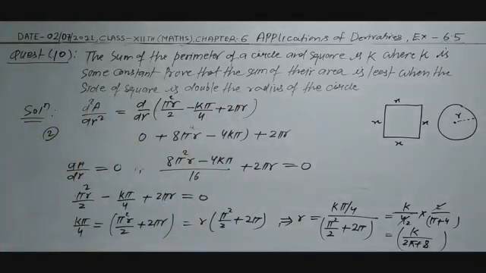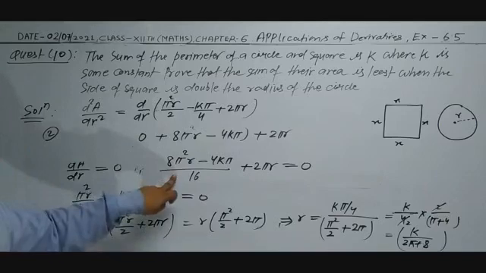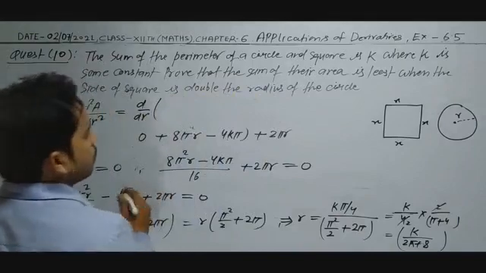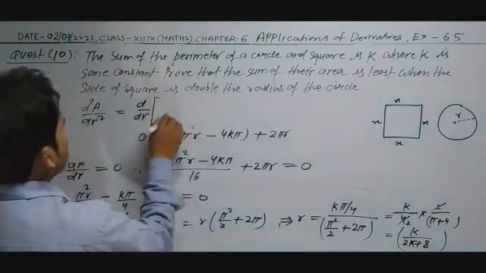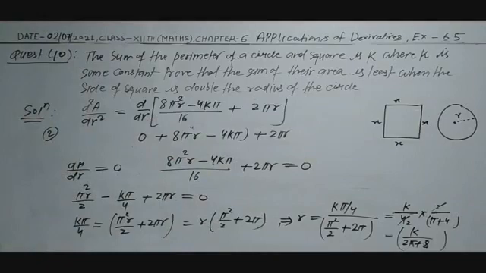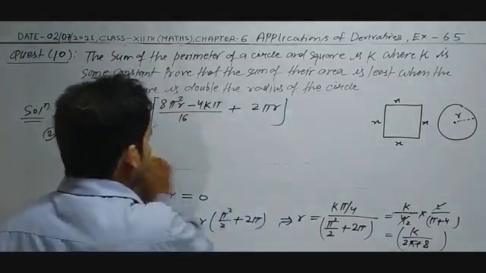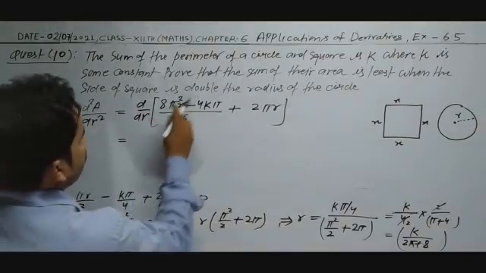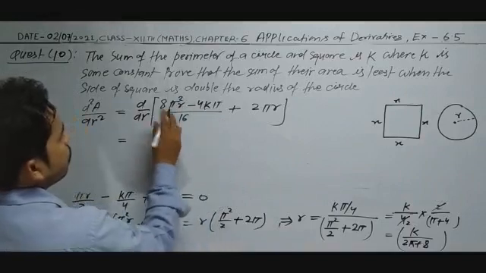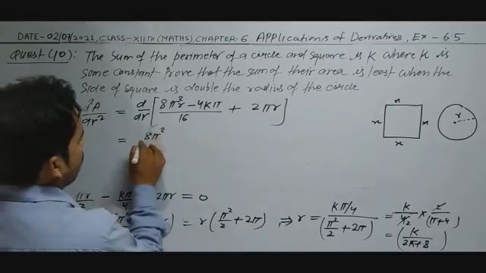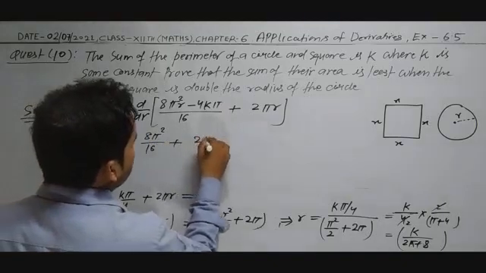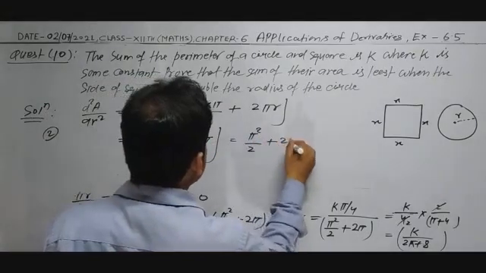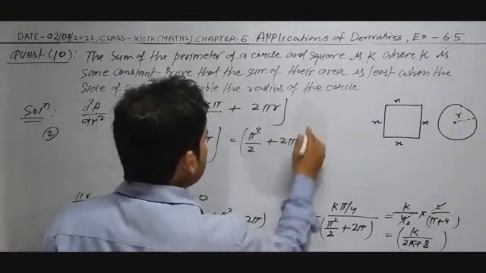So differentiate this part. Result will be: this term will be 0 and this term will be 8 pi square by 16 plus 2 pi. So the second derivative is pi square by 2 plus 2 pi.